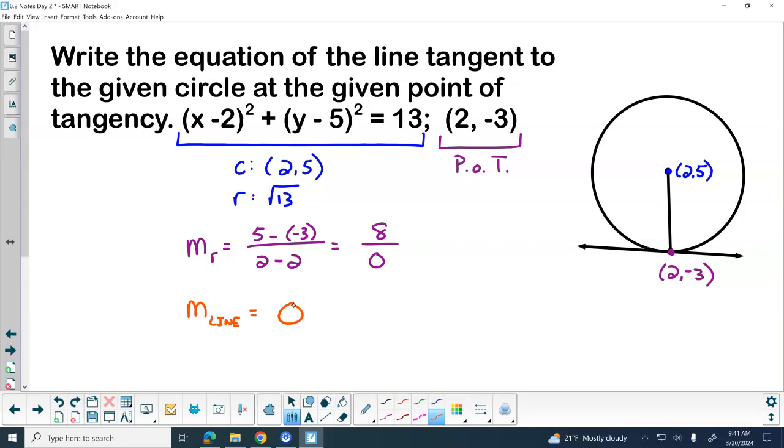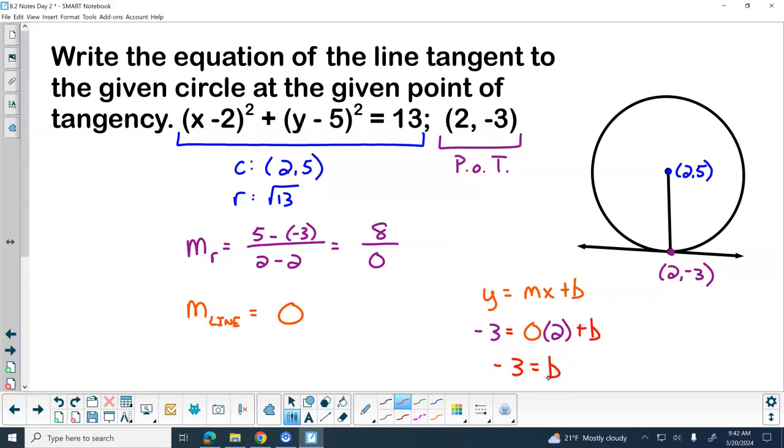Okay. So then when I go to find my y equals mx plus b, now negative 3 is there. My slope is 0. My x is 2. And my b is that. Gives me negative 3 is my b. Agree with that?